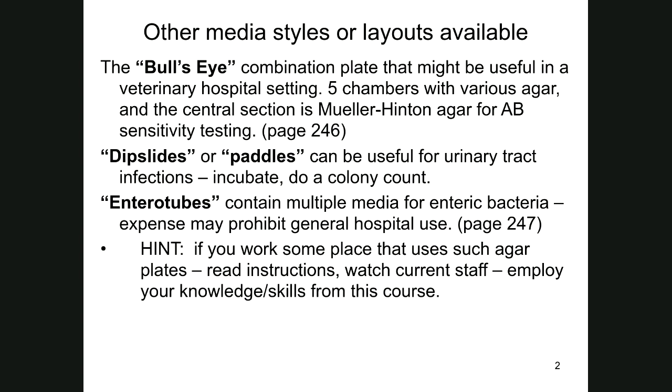In your textbook, you'll see a picture of what's called a bullseye combination plate. So in one plate there are a variety of chambers that carry a variety of different agars, and in the illustration, the Mueller-Hinton agar can be used for antibiotic sensitivity testing, or AST.